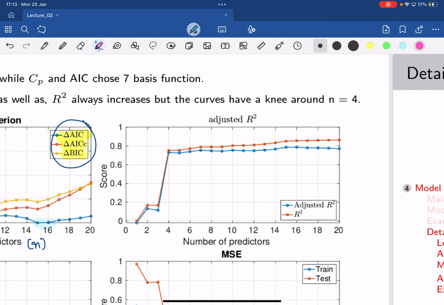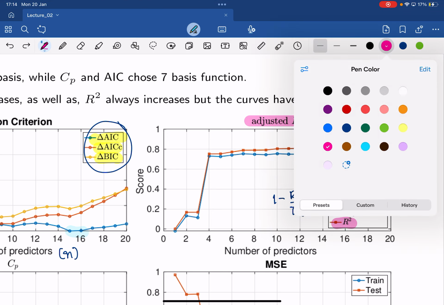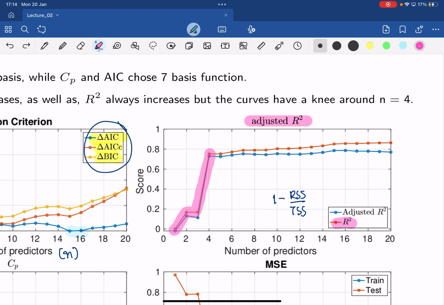Another thing is the adjusted R square. This one, they plot adjusted R square versus R square. And if you remember, R square is the one where you compute only 1 minus RSS over TSS. This means that the line of this R square is representing the change of model performance for each number of predictors.